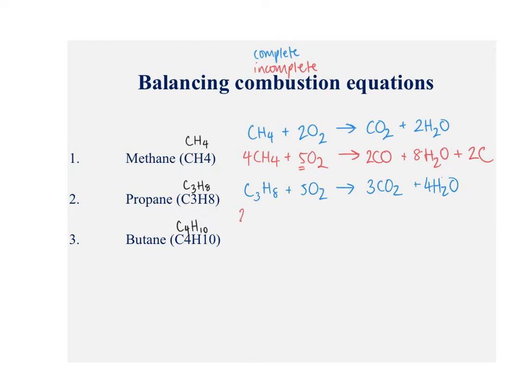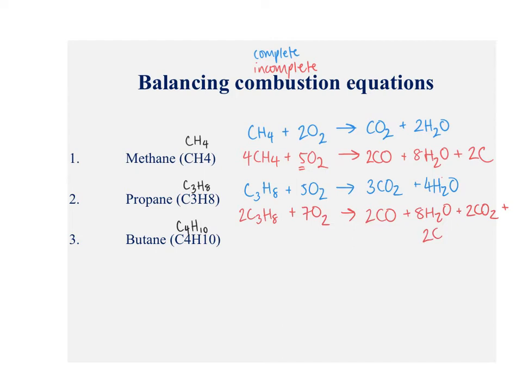For example, we're going to have 2 lots of propane reacting with 7 oxygens, and that's going to give us 2 lots of carbon monoxide again, and we are going to get 8 lots of water, and we're going to get also some carbon dioxide, and we're also going to end up with some carbon.